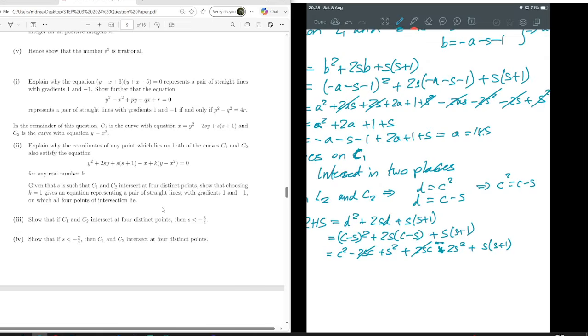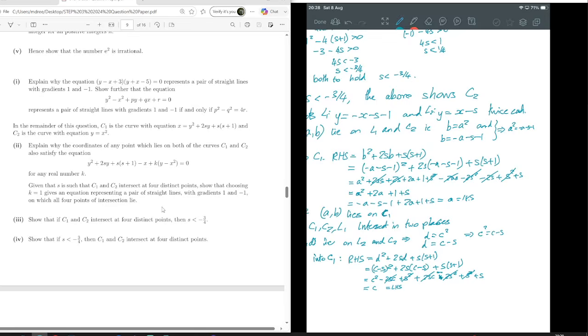The s squared, I should have expanded this other bracket out at the same time. S squared plus s. The s squareds all cancel, and I'm left with c squared plus s, which is just c, which is the left-hand side. So CD lies on C1.